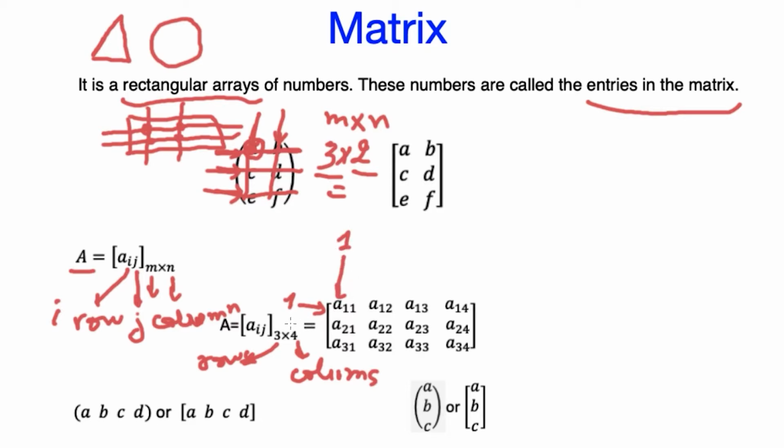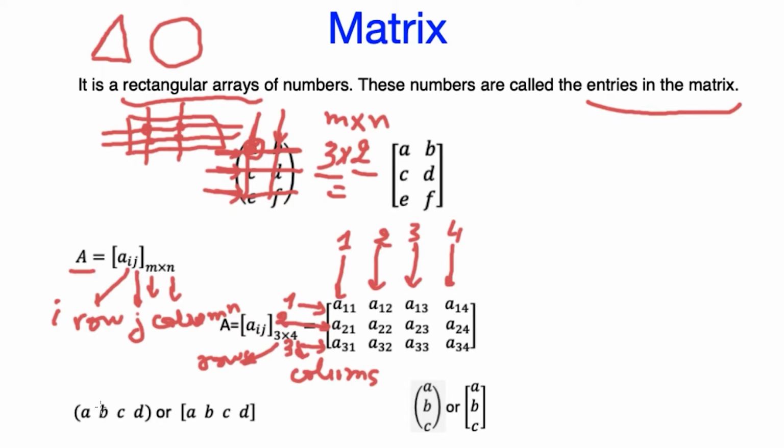And here at the second row we have a21, because here is the second row with the first column, and the same here we have the third row and the first column, so it is a31. And a12 is the first row and the second column. Then we get the first row with the fourth column, and here is the third column. So this is a 3 by 4 matrix, so it has 3 rows and 4 columns.